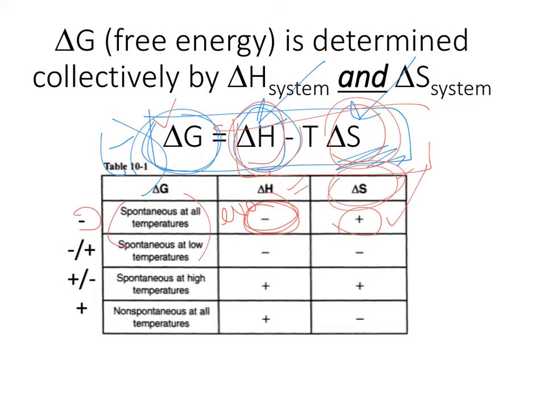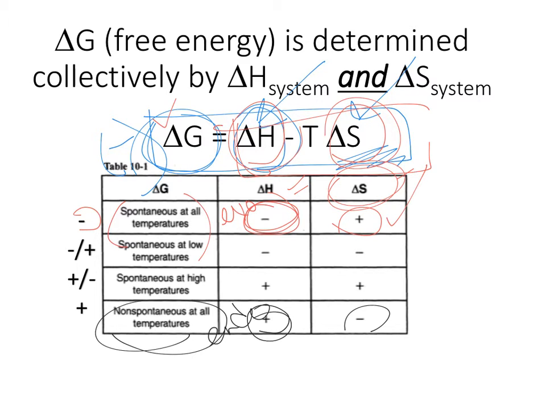All right, so if both entropy and enthalpy are unfavorable, that is, if enthalpy is positive, which is endothermic, right, and entropy is negative, it's decreasing, that process will be non-spontaneous under all temperature conditions. That's not to say you can't make it happen. It just means in order to get it to happen, you need to help it along. You need to provide something for it.